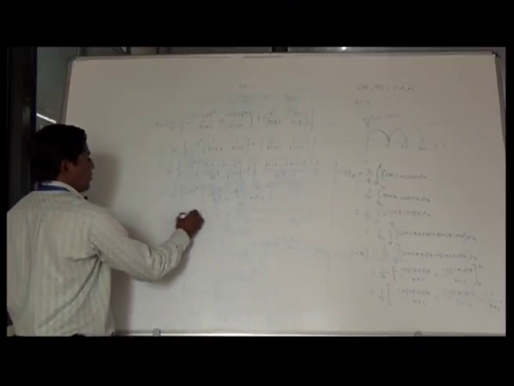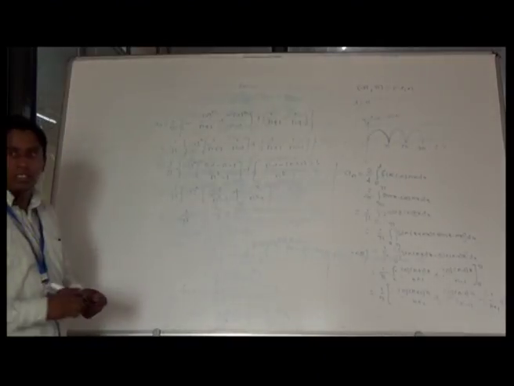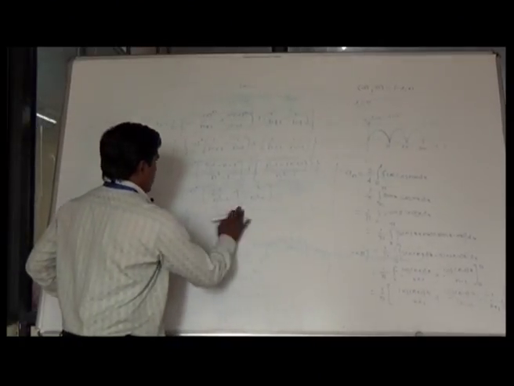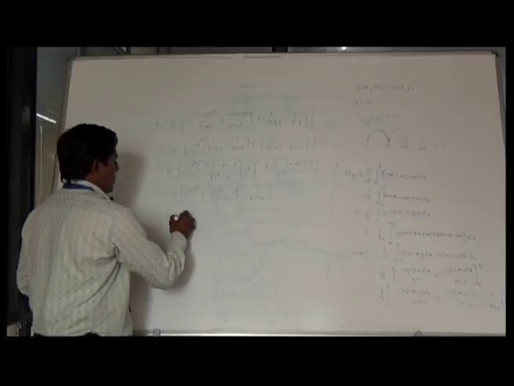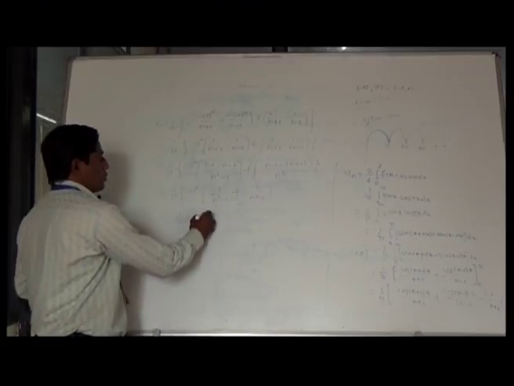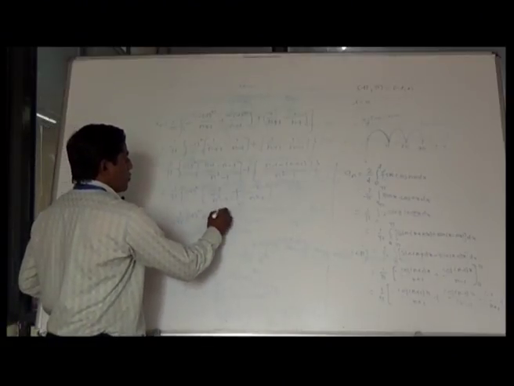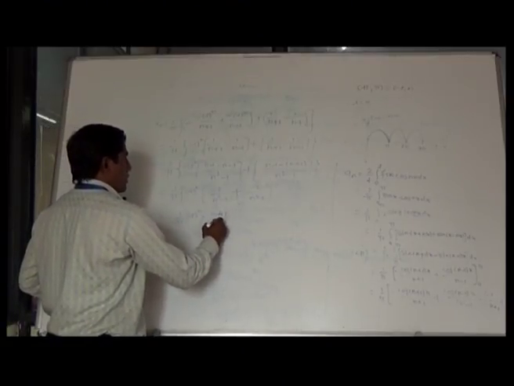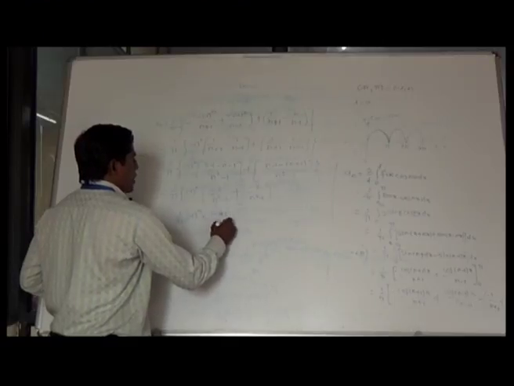It is the same as 1 upon pi, minus 1 raised to n into minus 4 upon n square minus 1.